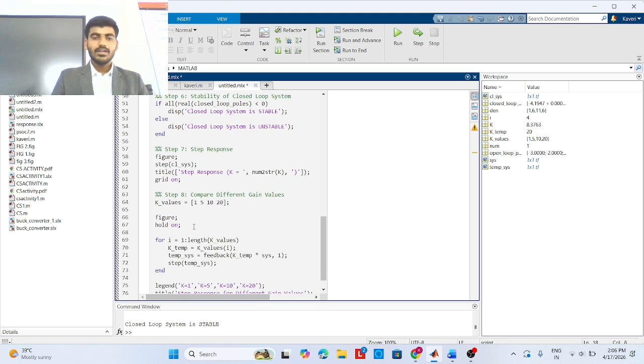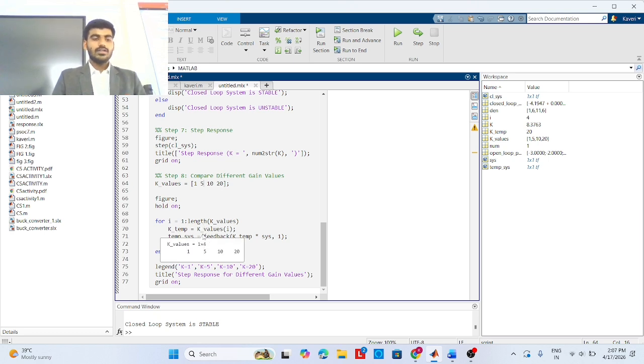Next, step 8: gain variation. In this we select the gain: the first gain value is 1, the second gain value is 5, the third gain value is 10, and the last one is 20.